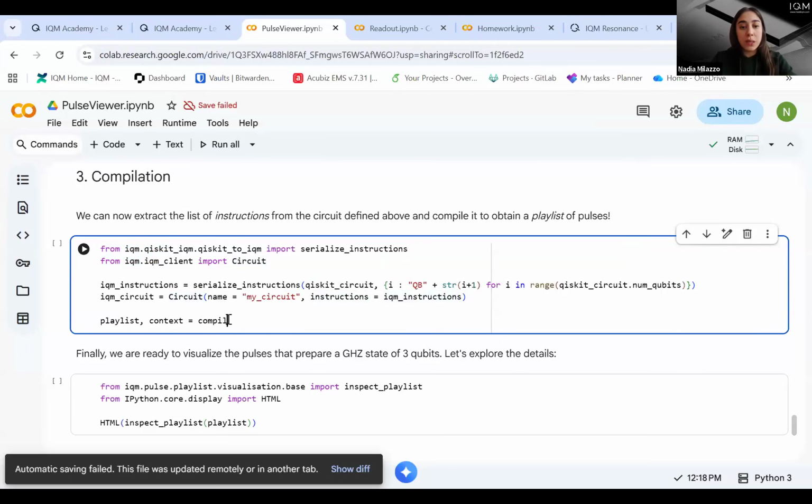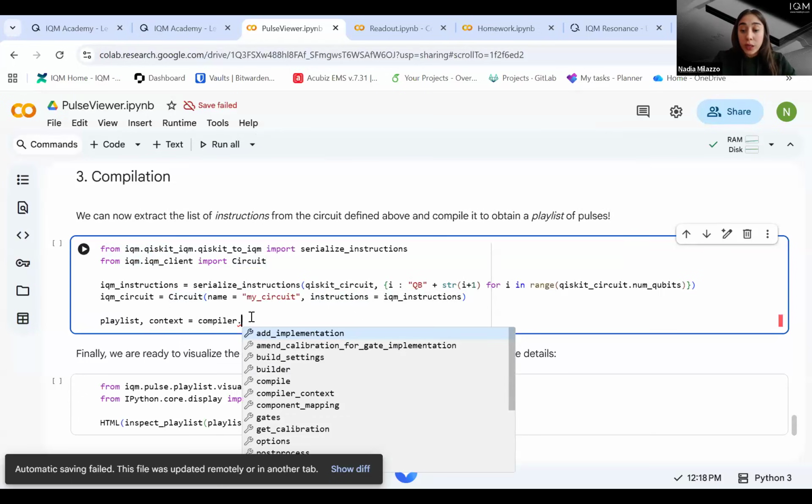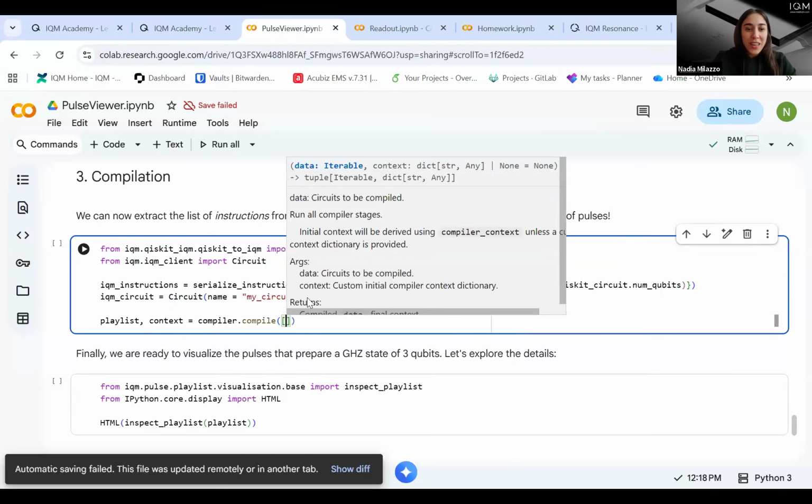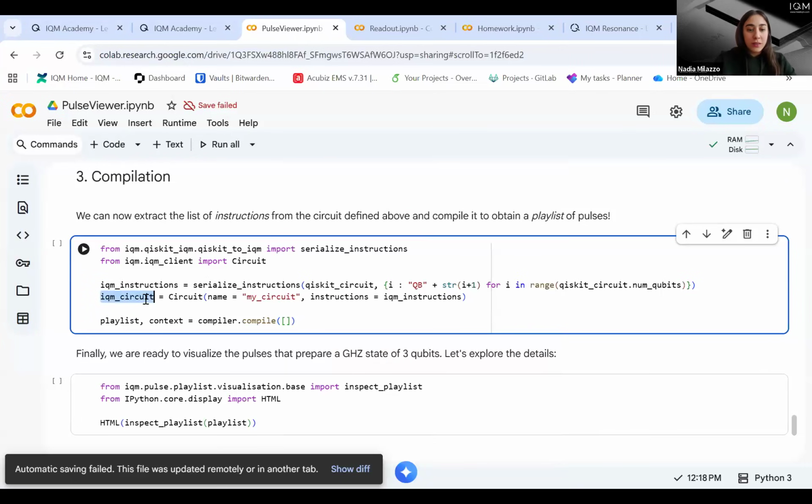So remember at the beginning, we had defined this compiler here. And we call the function compile because this is what we want to do. And also, we put this IQM circuit here that we have constructed. So now this step is really the compilation of our circuit from gates to a sequence of pulses.